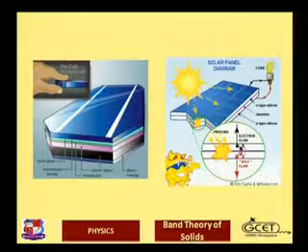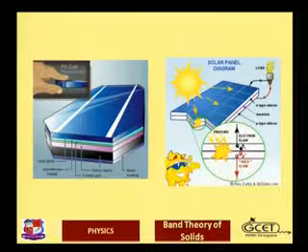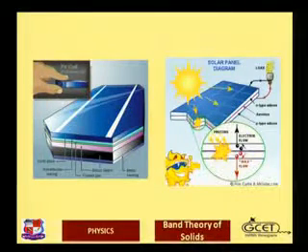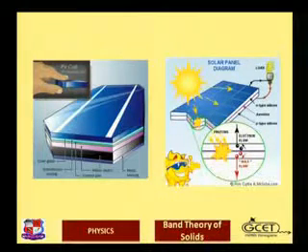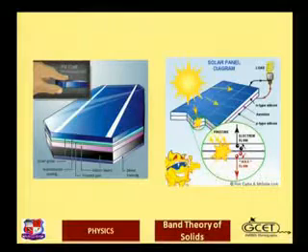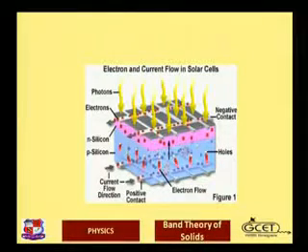Electron flow will be in one direction and hole flow in the other direction, and since these two are in opposite directions, they will accumulate at opposite layers, on the N-type layer and on the P-type layer. Due to this accumulation of charges, there will be a charge separation, and in the output we can have the EMF.